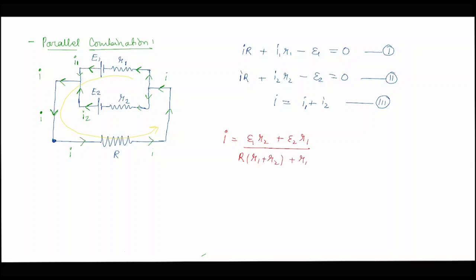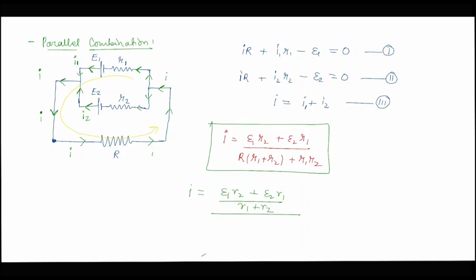So this is going to be the expression which we obtain for current, and we can rearrange the expressions to look like this, that I is equal to E1 R2 plus E2 R1 upon R1 plus R2, upon capital R plus R1 R2 upon R1 plus R2. So this is a better way of representing our result.